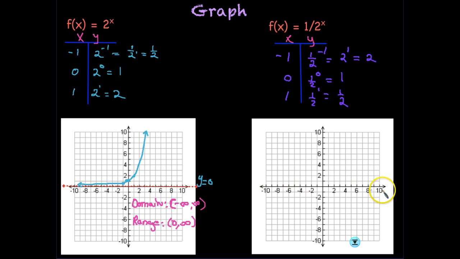Again, remember that we have our horizontal asymptote here at y equals 0. You can sketch that in. And then we can plot our points. We have -1, 2, 0, 1, and 1, 1/2. And you can see now we have our curve.